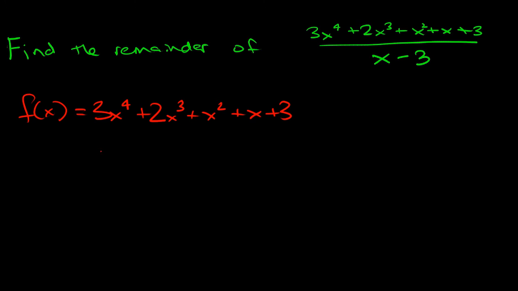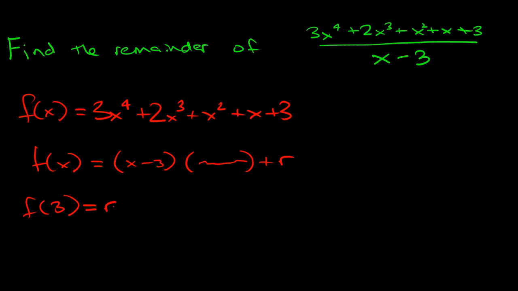Let's write this as remainder theorem. f of x is equal to x minus 3 times some stuff we don't care about plus some r, remainder. We can plug in 3 and we get f of 3 is equal to r.